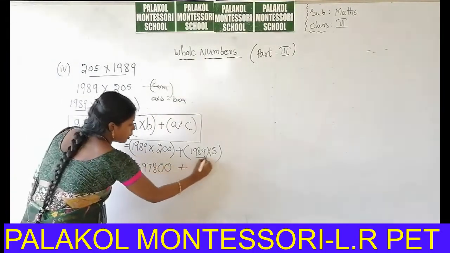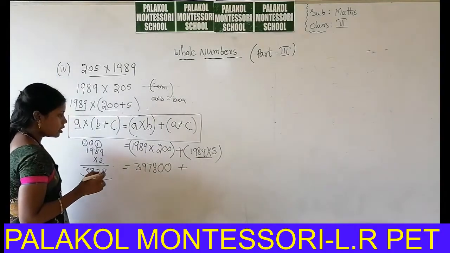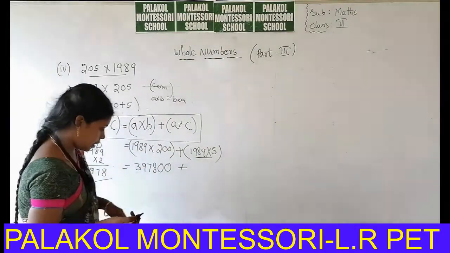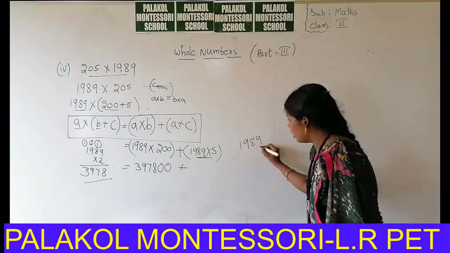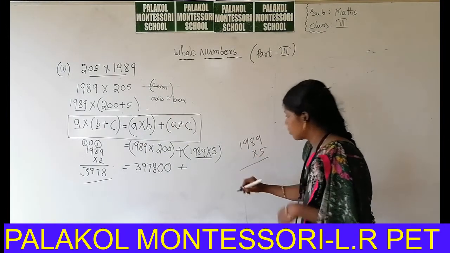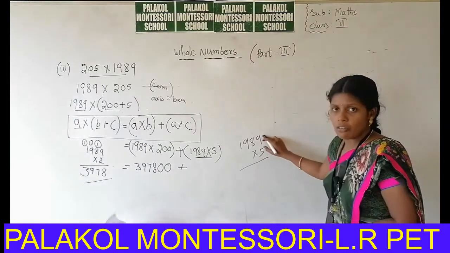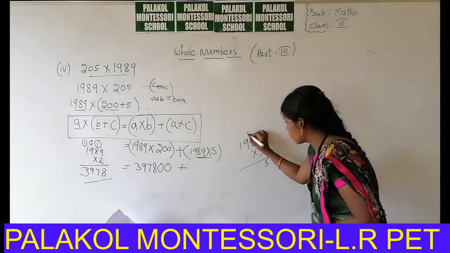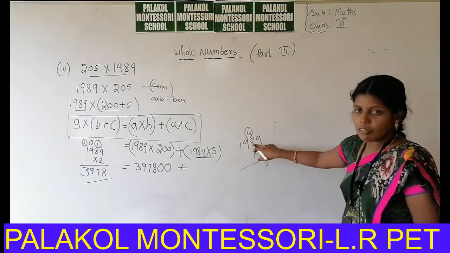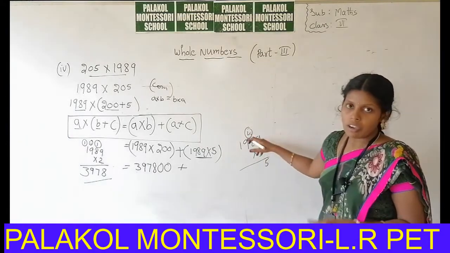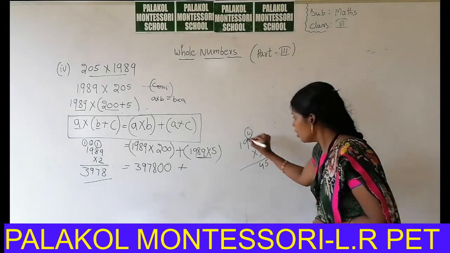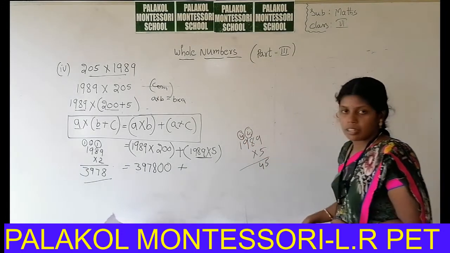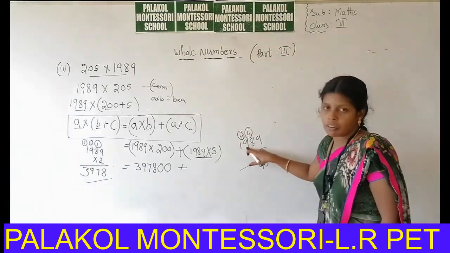So next we can multiply these two numbers. So that is 1989 into 5. So 5 nines are 45. 5 eights are 40. 40 plus 4, 44. So we write 4, and next we write 4 on top of the 9. 5 nines are 45.